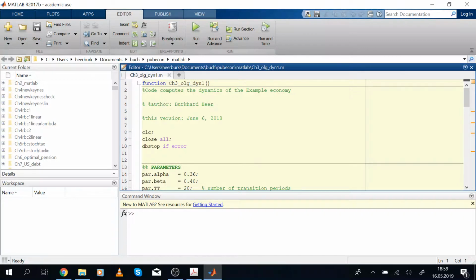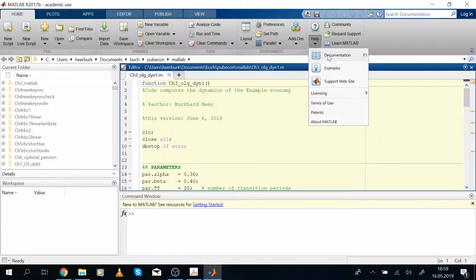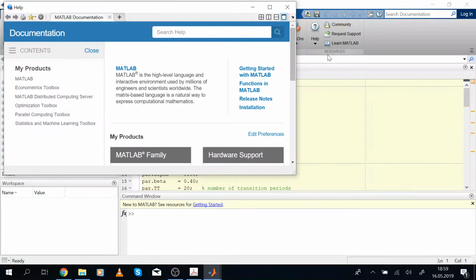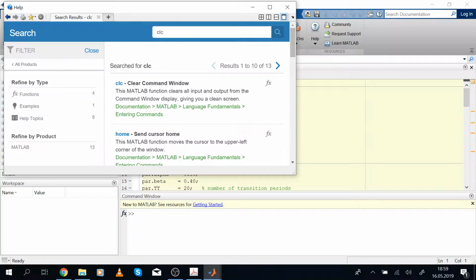If you do not know a command in Matlab, you switch to the menu point home and can use a help function. If you press help documentation in the menu bar, you can specify the command, let's say CLC, in the search window, and you find that this Matlab function clears all input and output from the command window display.